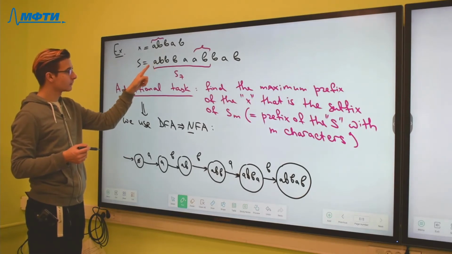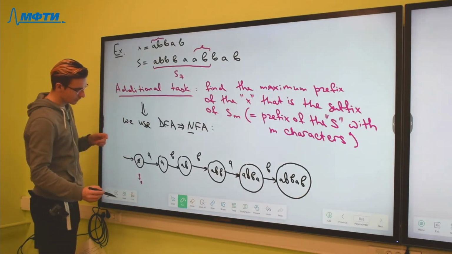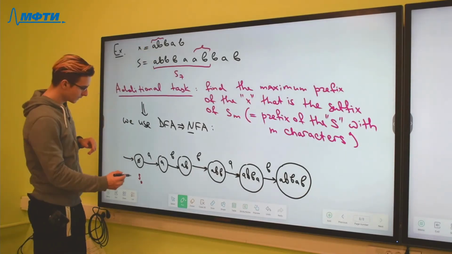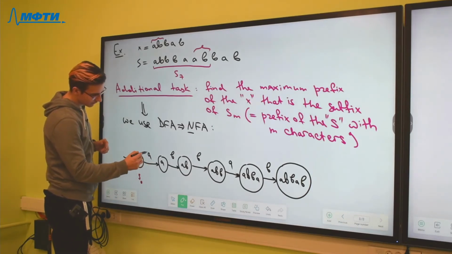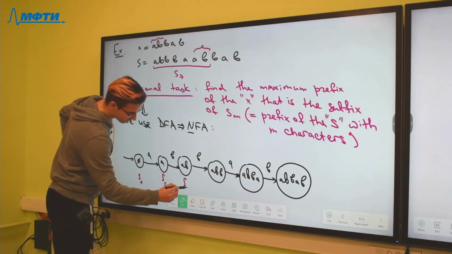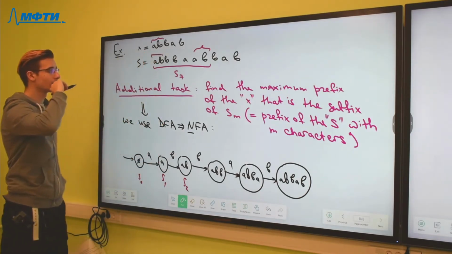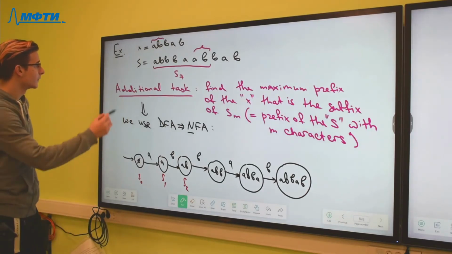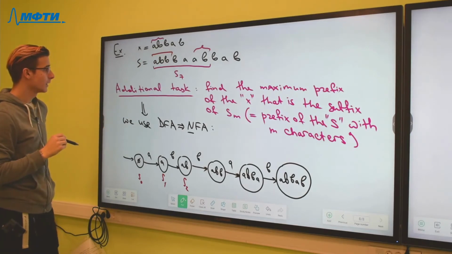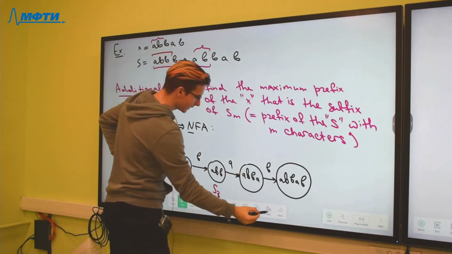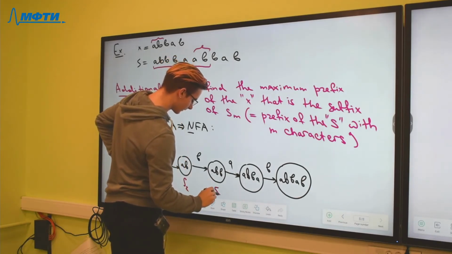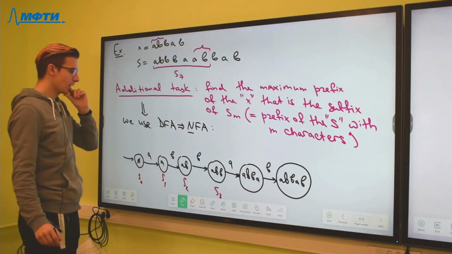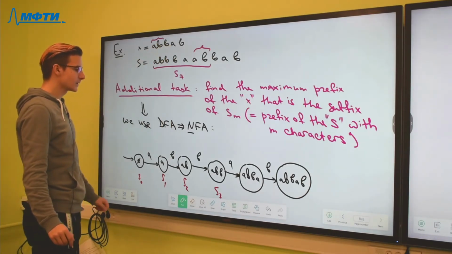If we add one character A, we see that it is equal to the first character of x, and we go from this vertex to this vertex by this edge, and we repeat it for S2, the next prefix of S. And we repeat it for the third prefix, A, B, B. But then we see that the next character is not equal to A. And it is interesting to understand what we need to do.